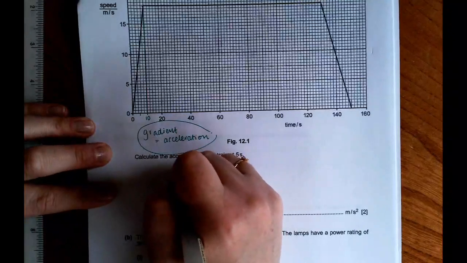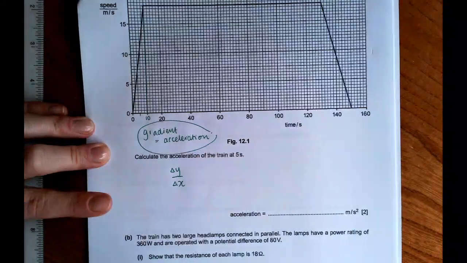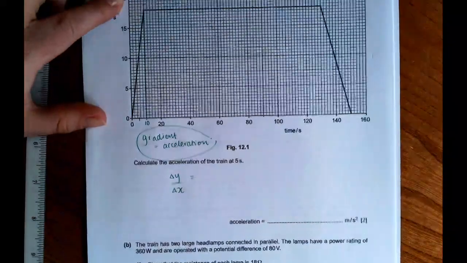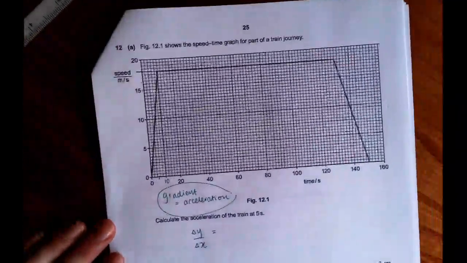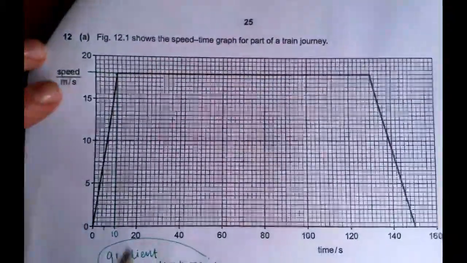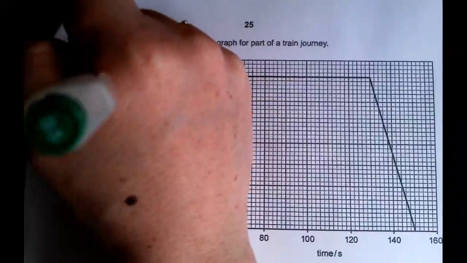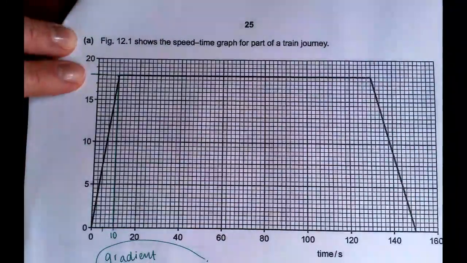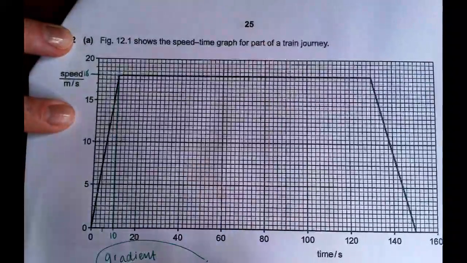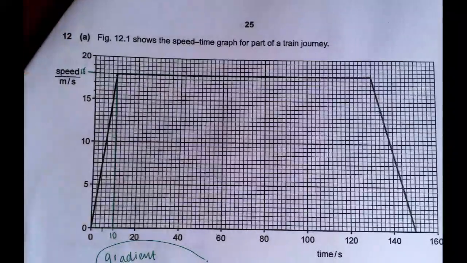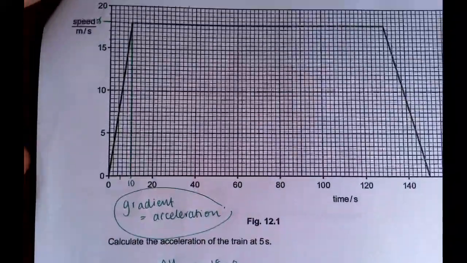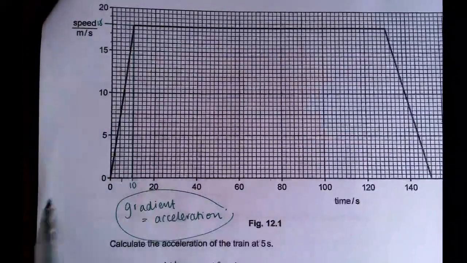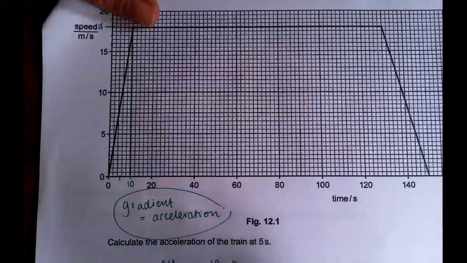So my gradient, which is my change in y over my change in x, I'm now going to read off the value of the top speed here, and you can hopefully see that we've got 16, 17, 18. That's 18 there. So I've got 18 minus 0 as my total change in speed across the 10 seconds. And my change in time that I've measured that across is 10 seconds.